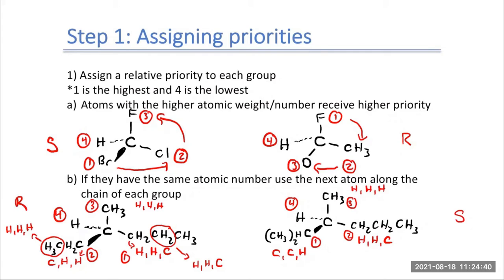And sometimes you need to go further out on the chain. It doesn't matter how far you go out, eventually you'll find a difference. So you may just have to go to the second atom out like we did here, or you might have to go to the third or fourth. Just keep going out till you find the difference, and always look at what they're connected to.